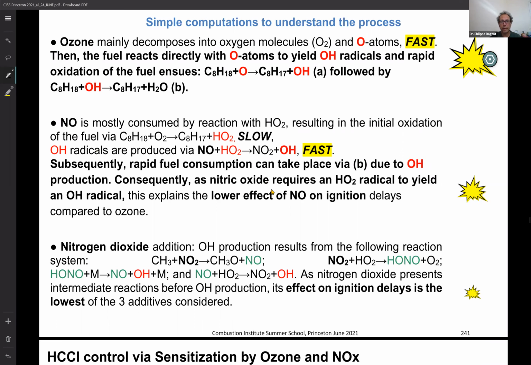This is the bottleneck of the process, because once it's produced, there are these fast reactions producing OH, and then you are able to oxidize the fuel. And here, well, it's more complicated to produce OH radicals. Therefore, the whole process is slow.